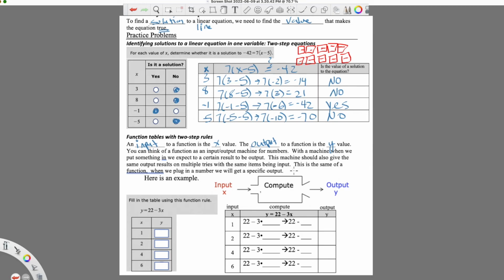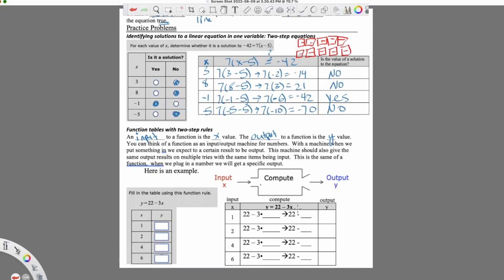So here's my input and output machine. It's just kind of this idea. So we're going to input a number, and then the rule is the equation here. So the rule would be, this is what's going to happen to the numbers. So there's actually two, it's kind of like a double machine here because it's two steps. So first it's going to multiply by -3, because it's y equals 22 minus 3x.